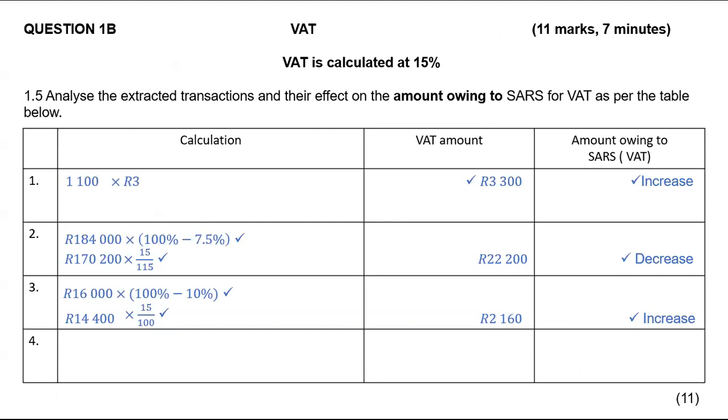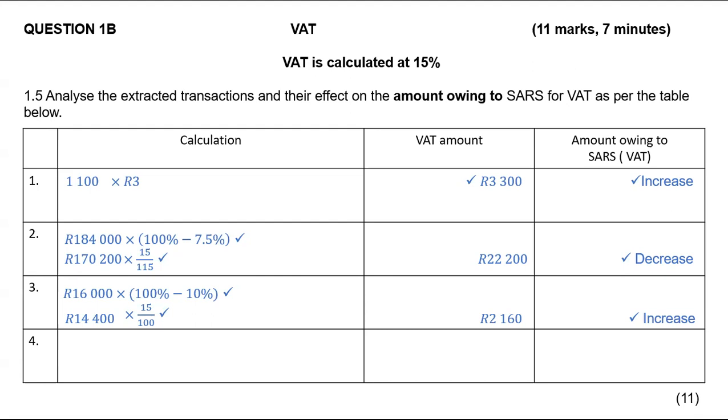The reason why VAT on bad debts will result in a reduction of VAT output is because when we sell goods, when you calculate VAT on the total amount of those goods, we are the collectors. So on that total amount we've sold goods for, we have to pay SARS whatever we collected. However, here we didn't collect everything that we sold.